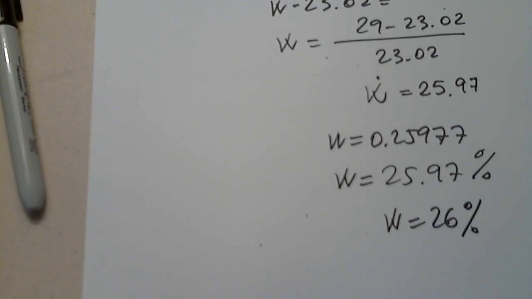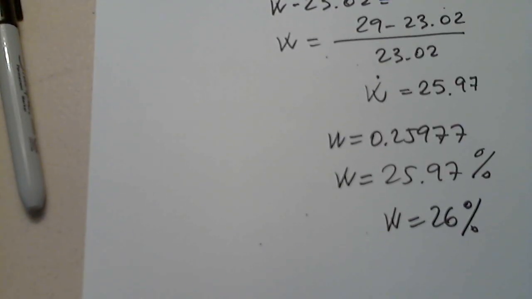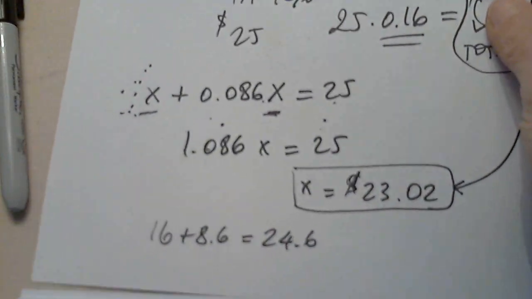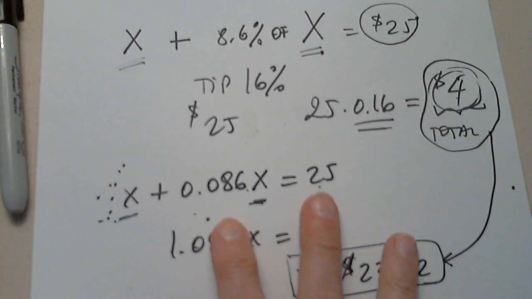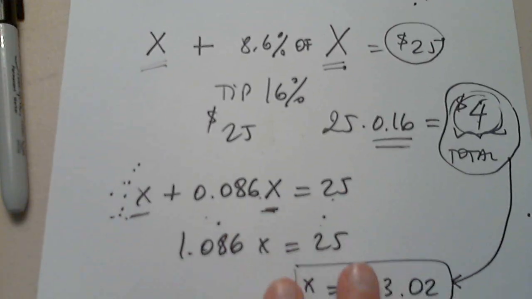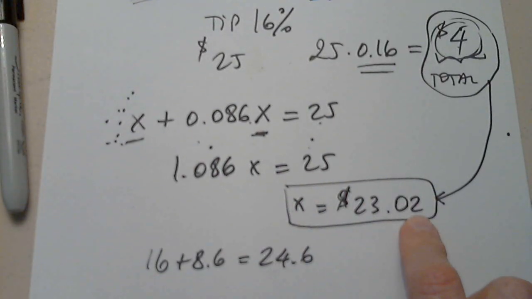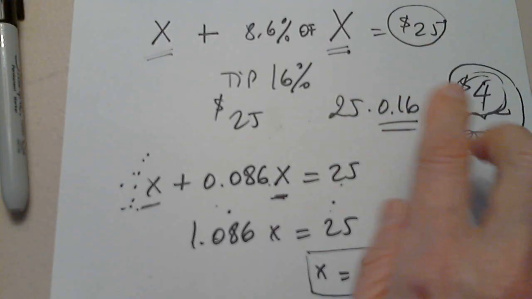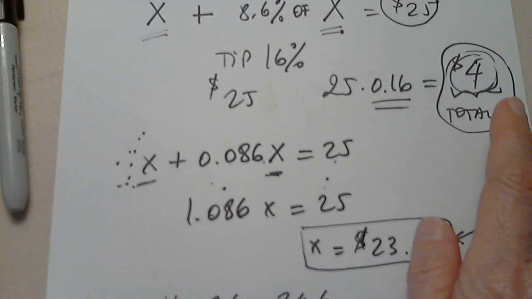It's a little bit twisted. Why is it twisted? Because they're not really telling us to find the original price of the sandwich. We had to find it. First, we had to find what this represents. Okay, so it's $4.